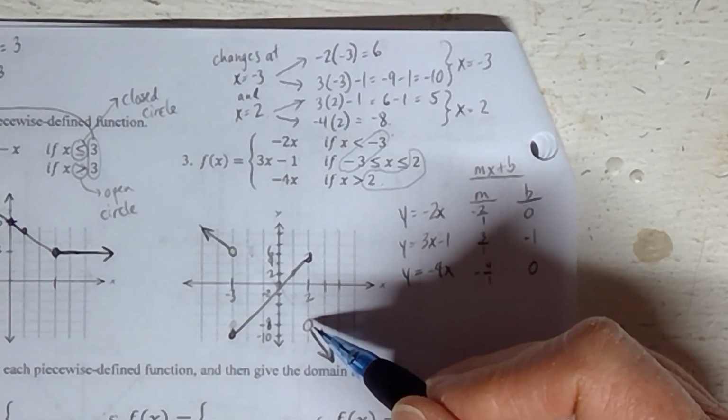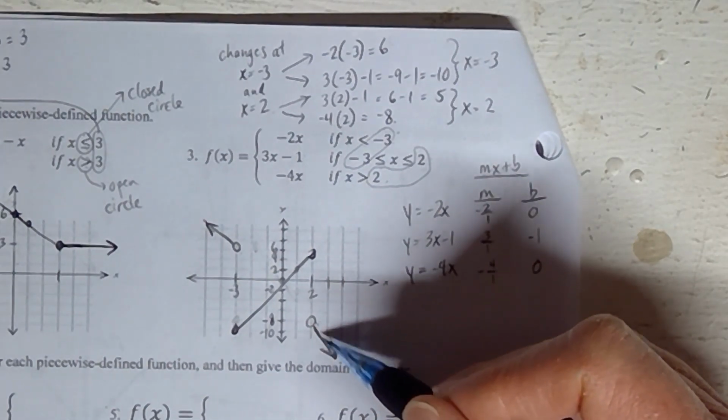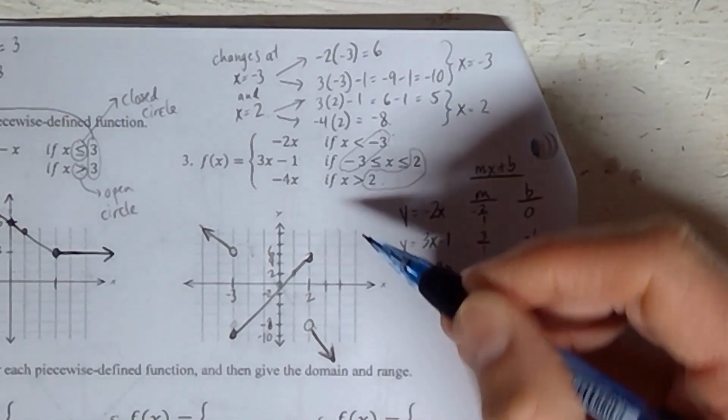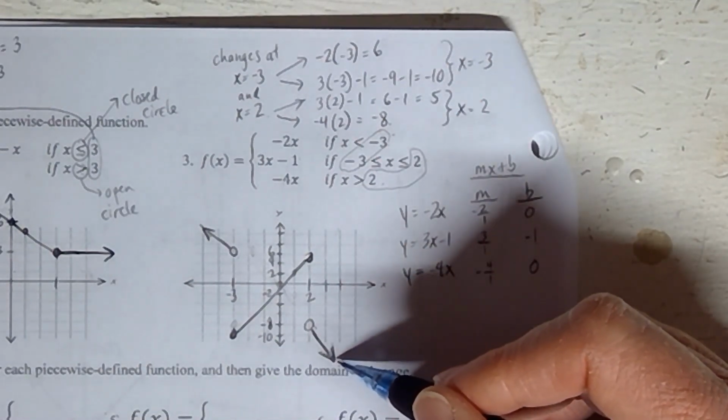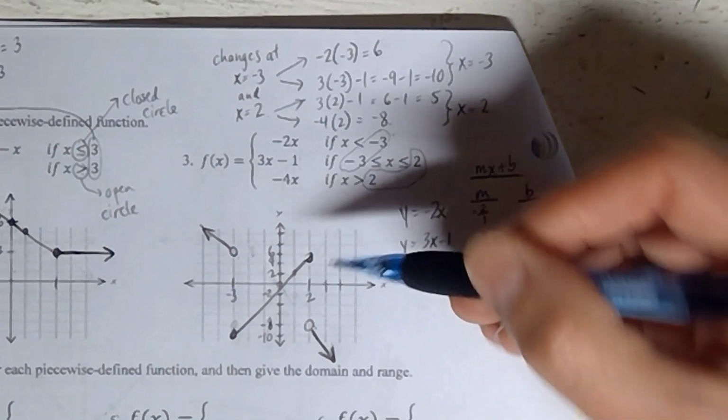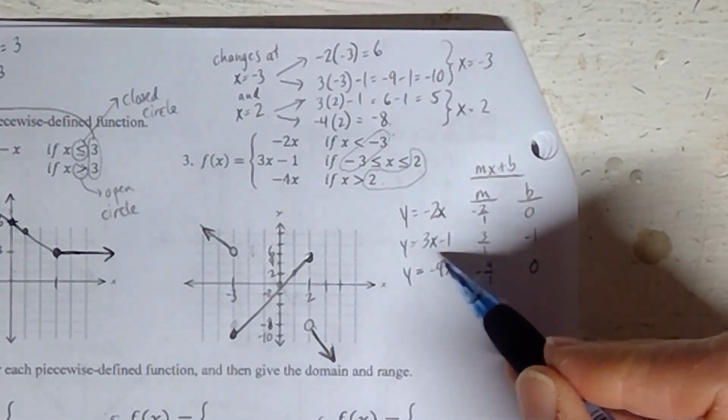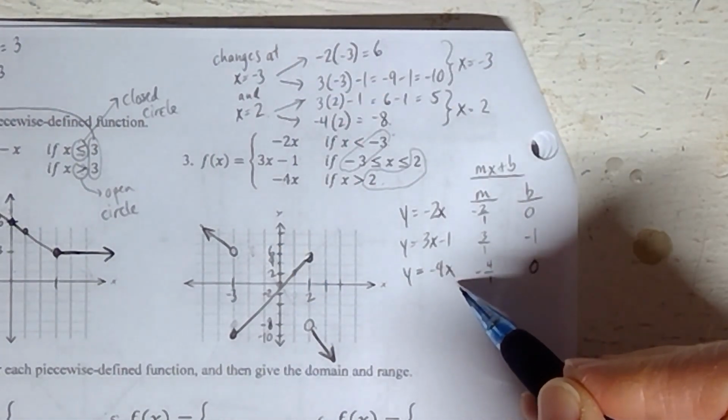So that's the beginning of the third piece of the graph. And so I put that down there, but then I didn't keep any of the other part of the line that you would normally draw for negative 4x.